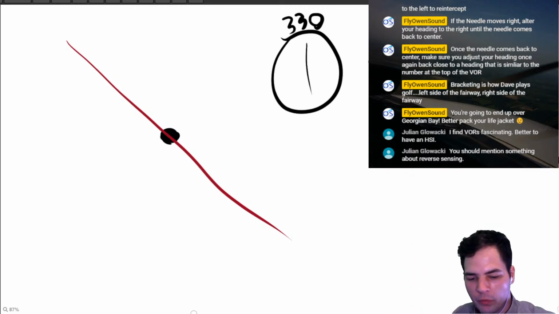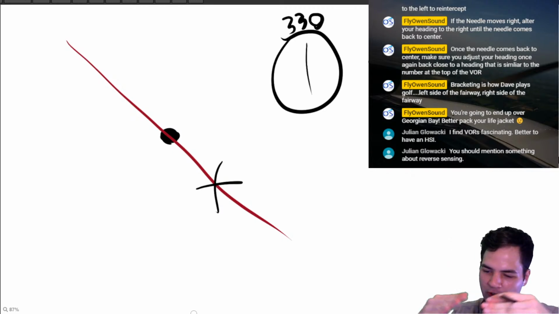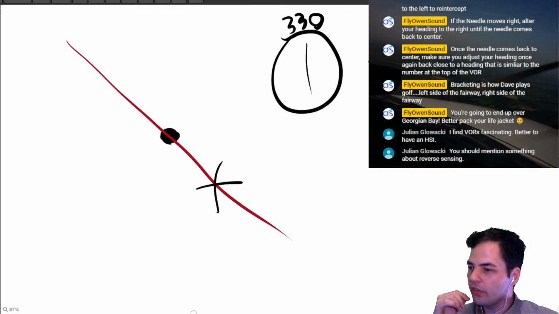So for the needle questions, as we go forward, it's helpful to not even think about where my airplane is oriented, but just think of the airplane as like an X or a dot. X marks the spot. There's my airplane. Who knows where it's pointed? Because it doesn't affect how you answer the question.